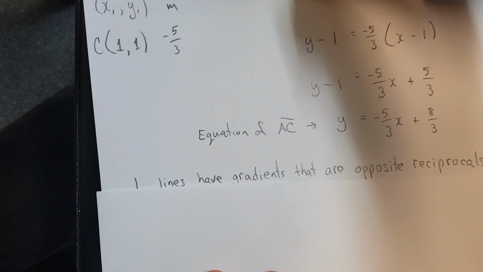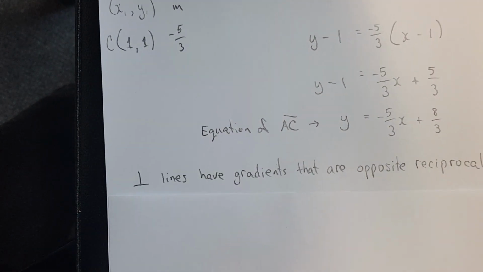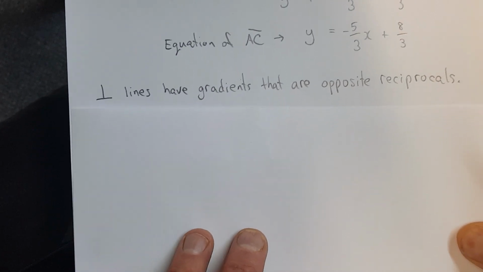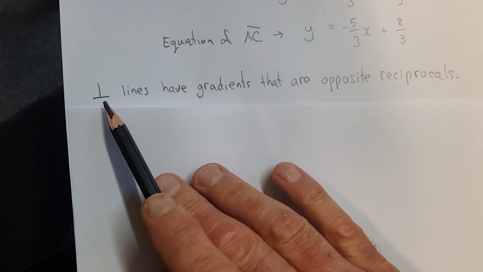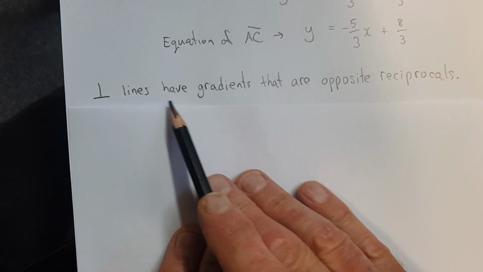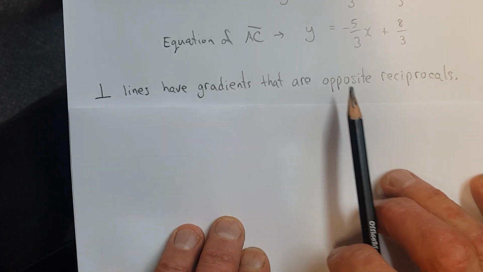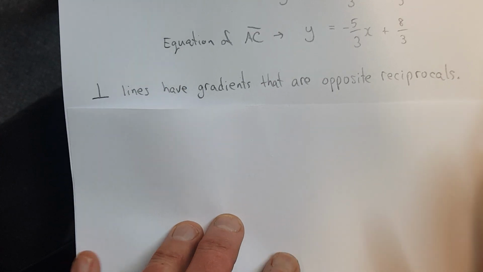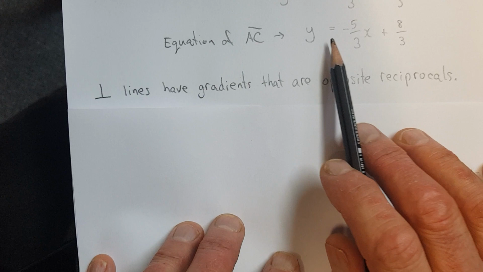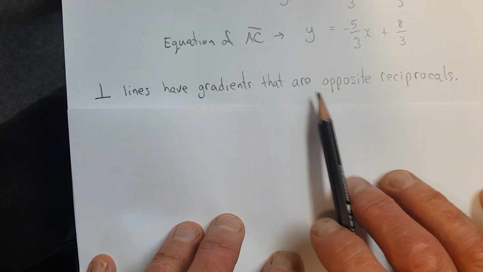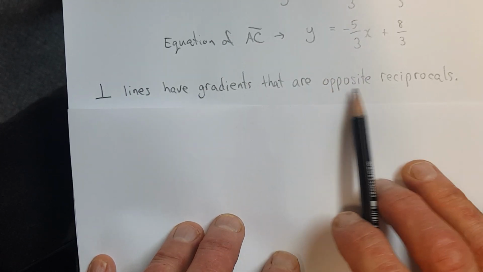Now, we want to find the equation that was the perpendicular bisector. One thing we talked about in class is that perpendicular lines have gradients that are opposite reciprocals. So if the gradient of line segment AC is negative 5/3, well, perpendicular lines are opposite in sign.